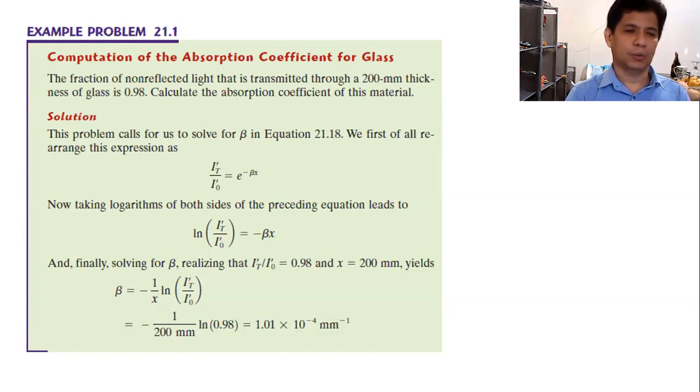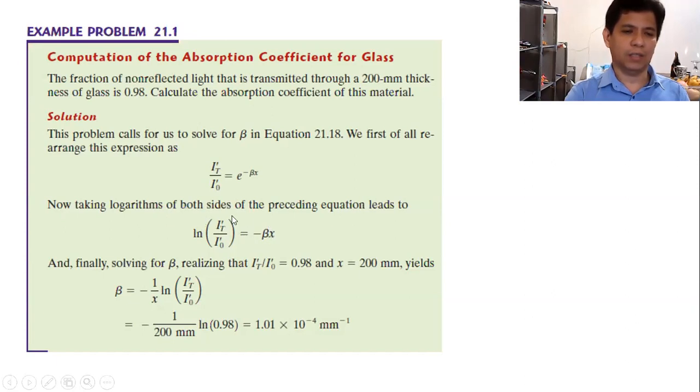So, using our equation, I sub T divided by I sub O is e to the negative beta x. If we use shift solve, take the ln of both sides; this is a faster equation to use for shift solve. So, it's just ln 0.98 is equal to negative beta times x, where x is 200 millimeter.